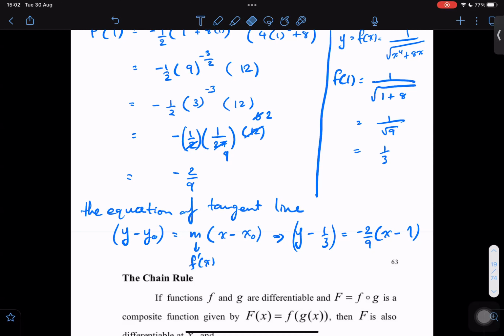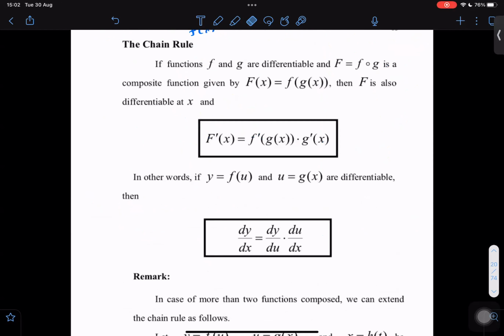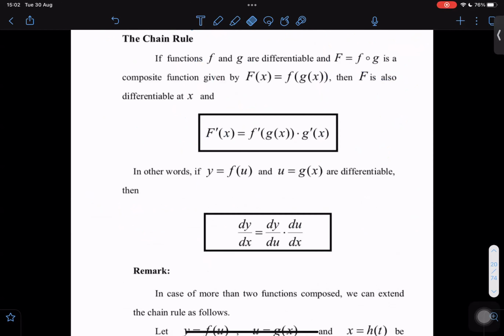Do you have any question? Okay, so next I'm going to do the chain rule.